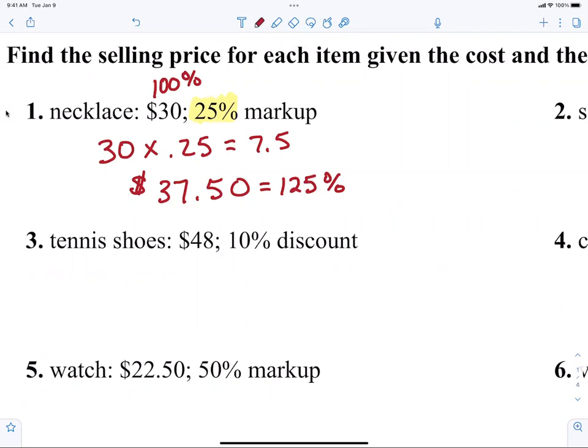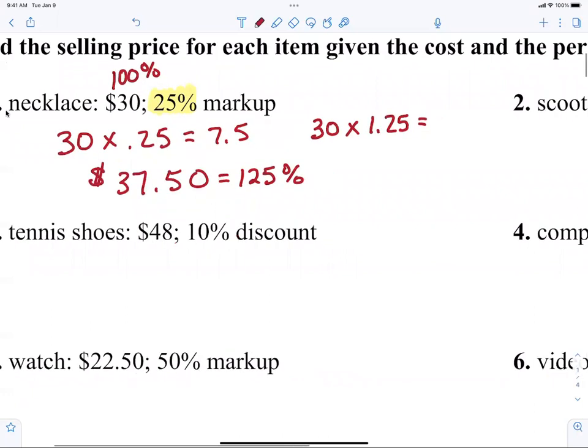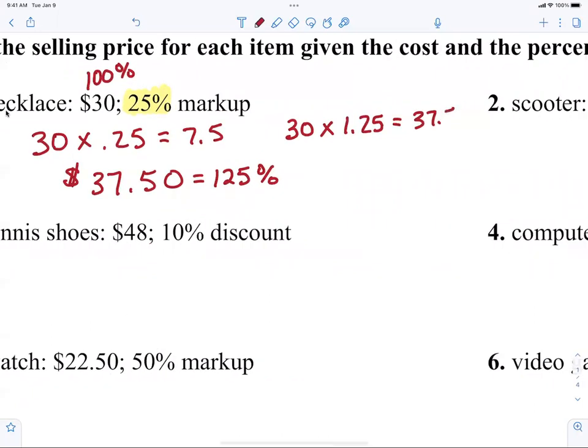Everybody with me on this? Here's what I want to show you. I want everybody to take 30 and multiply it by 1.25 and tell me what that answer is. Yeah, 37.50. That's how we're going to do these now.